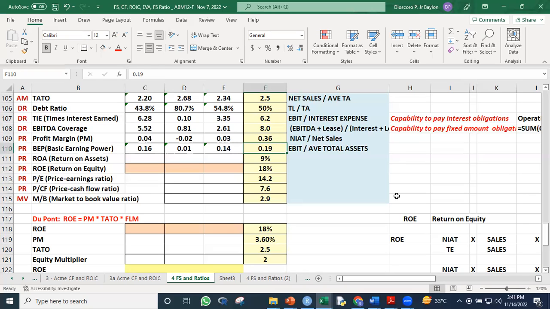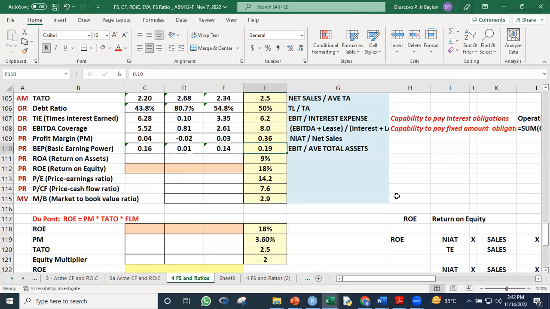So, nung 2019, 14 centavos for every peso of total asset average. 2020, bumagsak siya. 1 centavo na lang, no, for every peso. And then nakabawi in 2021, okay, 16 centavos or 16 pesos for every 100 peso of total assets. And compared that with the direct competitor, 19 pesos per 100 pesos of total assets.